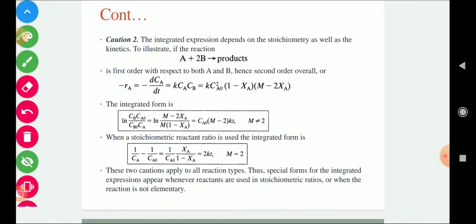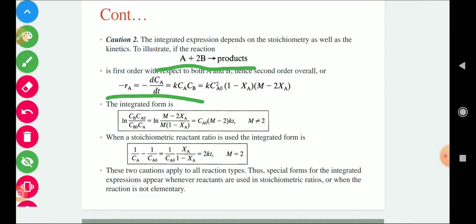In the second special case, A plus 2B gives product, but the order of reaction is again 2. So the rate expression will be k into Ca into Cb, because the order of reaction is 2: 1 with respect to A and 1 with respect to B. But the stoichiometry is this: 1 mole of A reacts with 2 moles of B to give product.